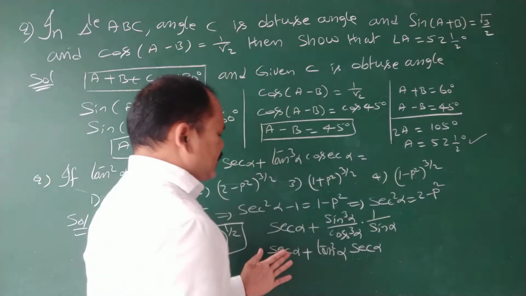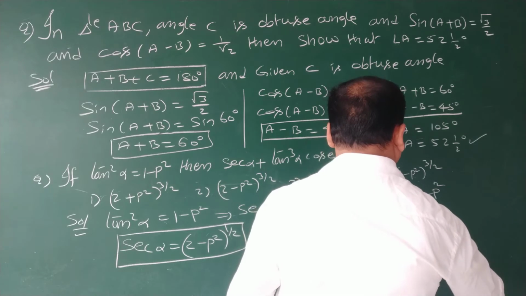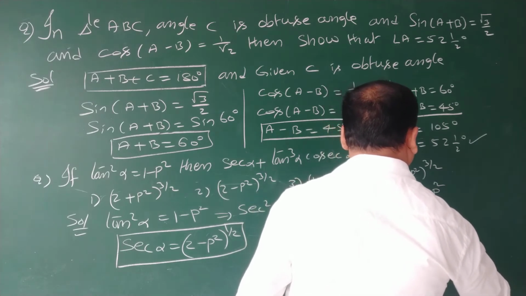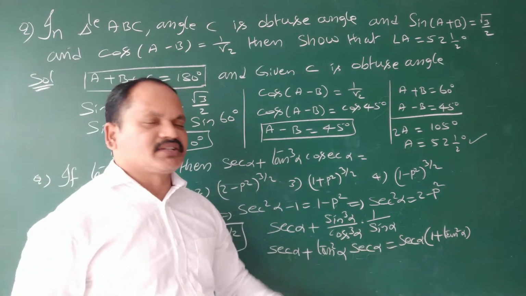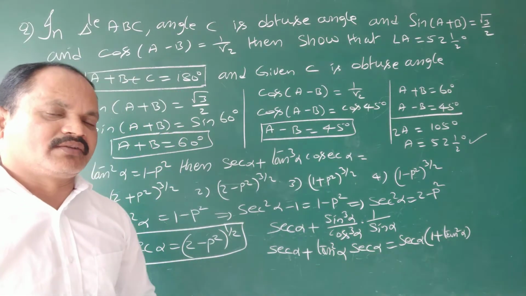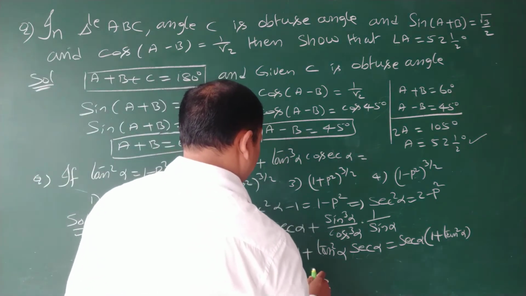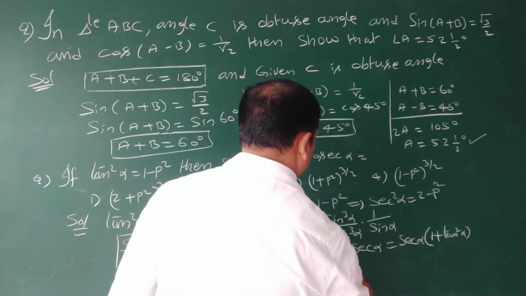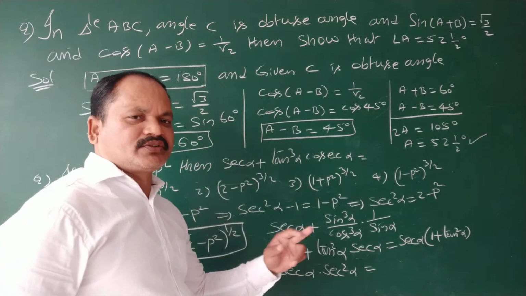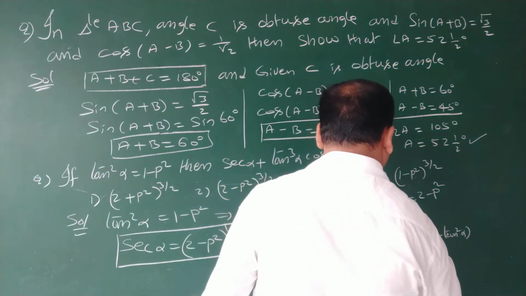So we have to take common secant alpha from this. Secant alpha into, in bracket, 1 plus tan square alpha. What is 1 plus tan square alpha? Secant square alpha. That's why secant alpha into 1 plus tan square alpha is secant square alpha. That's why secant alpha into secant square alpha is secant cube alpha.